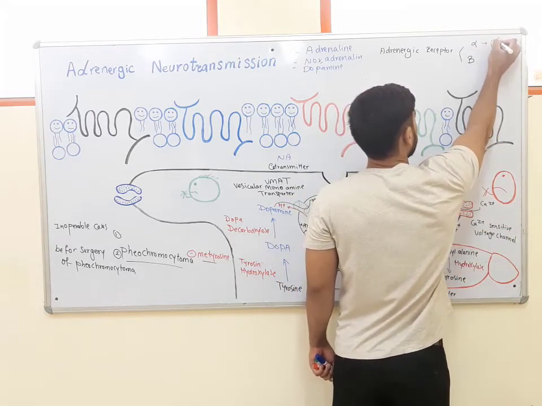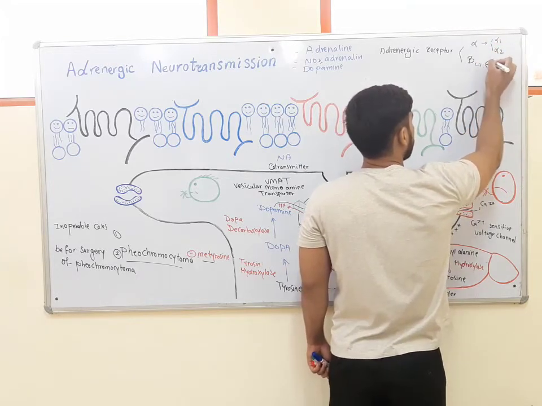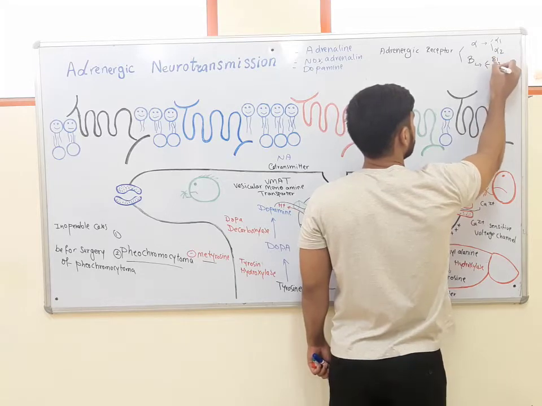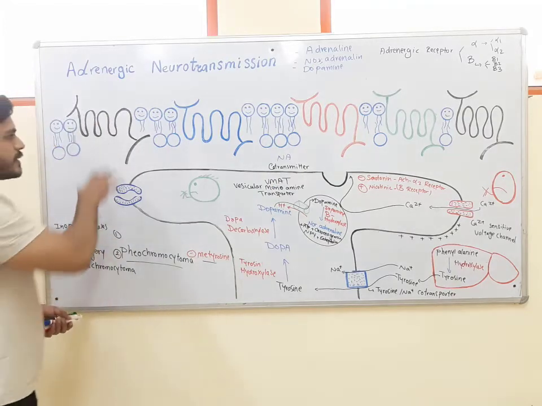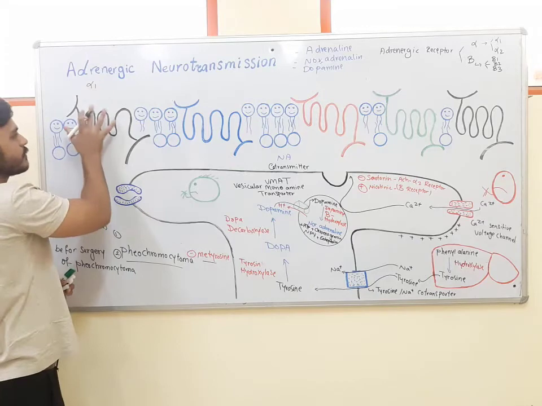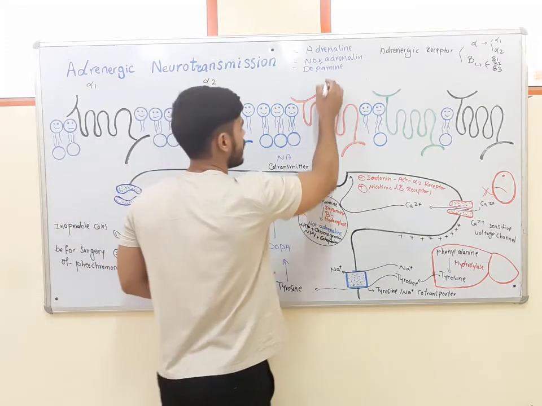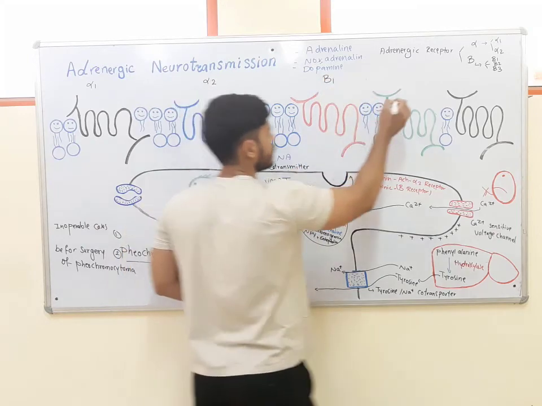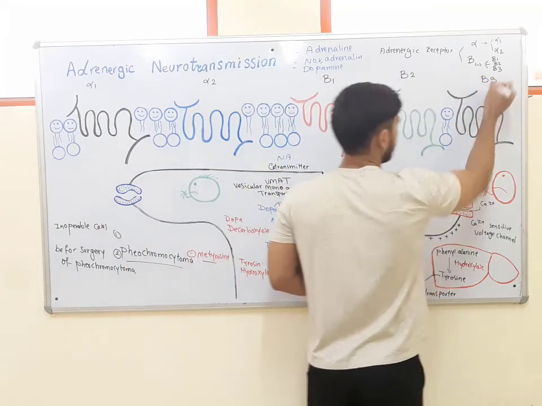For alpha we have alpha 1 and alpha 2, and for beta we classify them into beta 1, beta 2 and beta 3 receptors. You can see the receptors here. This is alpha 1 receptor, this is alpha 2 receptor, this is the beta 1 receptor, this is the beta 2 receptor, and this is the beta 3 receptor.